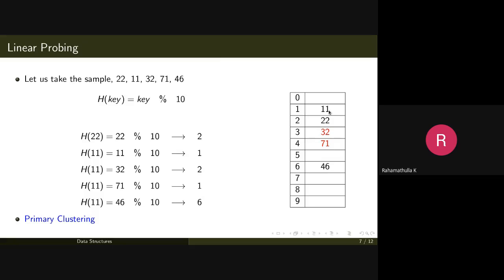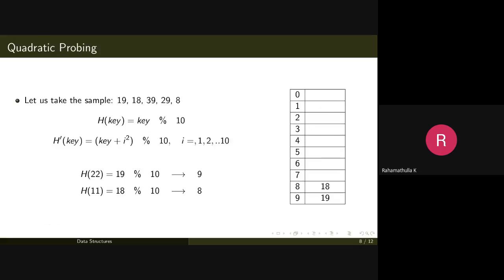If it is not able to store here, then it goes to the next position, then the next position. So there will always be clustering at the initial positions in the hash table. That is the property of linear probing, so we call it primary clustering. Primary clustering is an important problem associated with linear probing.